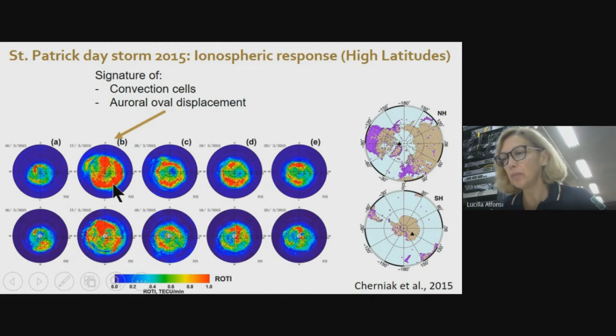Then on the 18th, you have a sudden shrinking and also a weakening of the intensification. On the 19th of March the configuration is almost the same as the day before, but the intensification is higher. And slowly we recover to the condition we had with respect to the beginning of the storm.